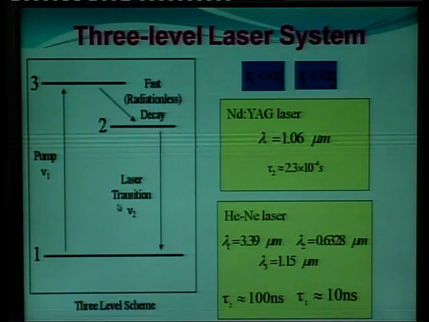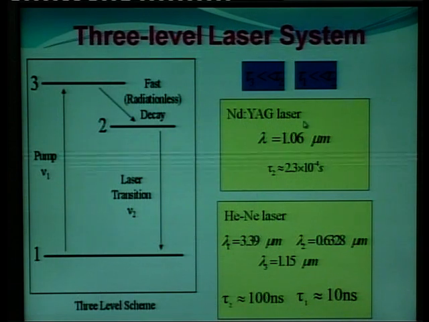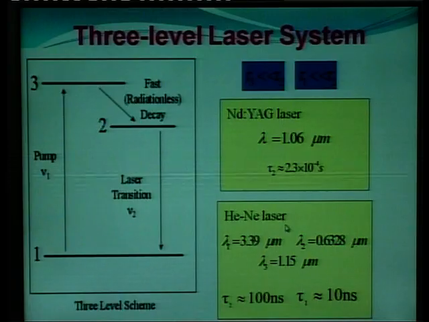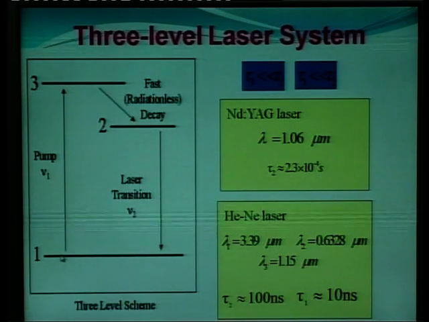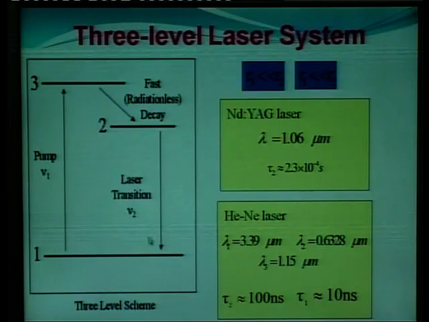3-level laser again. So this is for the Nd:YAG laser and these are the parameters for this laser, and these are for the helium neon laser. So lambda 1, lambda 2, lambda 3, all the 3 wavelengths are shown. This is lambda 1, this is lambda 2 and this is lambda 3.